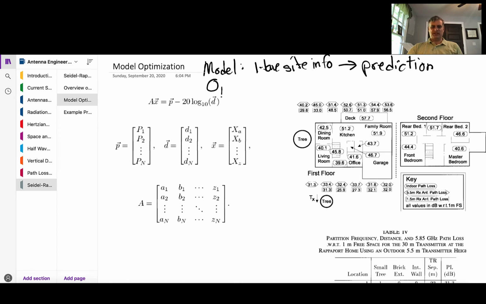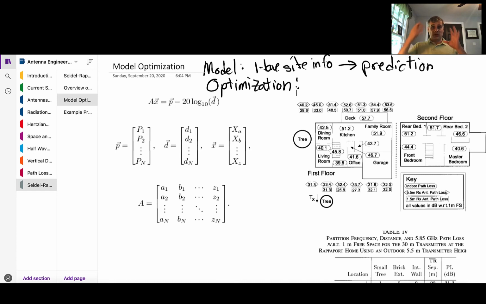The other problem is the optimization problem, which is I want to tune my model to a certain environment. Maybe I'm going into an environment that hasn't been measured before, and we need to come up with some estimates for what typical losses exterior walls and trees and shrubbery and interior walls and other types of partitions have. What do they actually do to this new frequency or new configuration of transmitter?